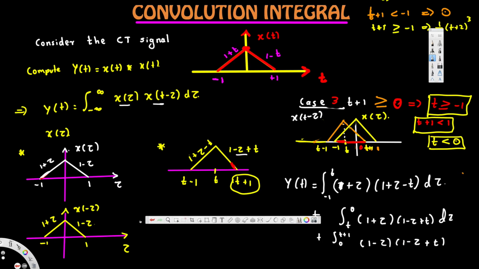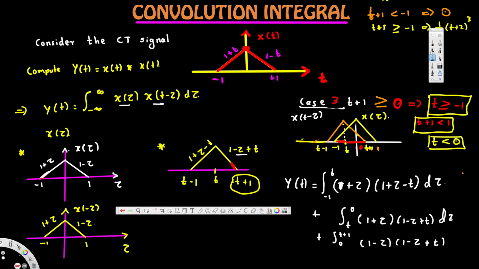Okay, so we just have to integrate everything. If we do that, we are going to end up with something like this: 1 over 6 times negative t cube plus 3t plus 2, plus minus 1 over 6 times t square plus 6t plus 6, then plus 1 over 6 times negative t cube plus 3t plus 2.